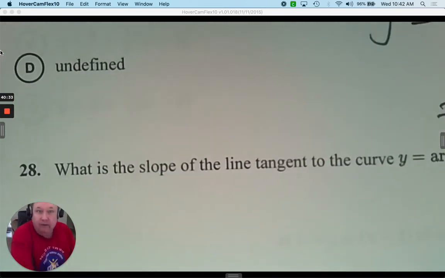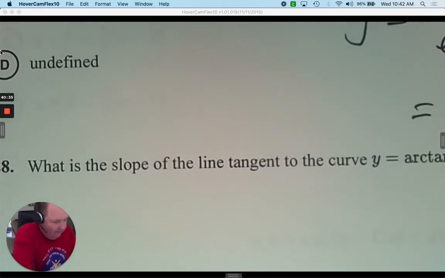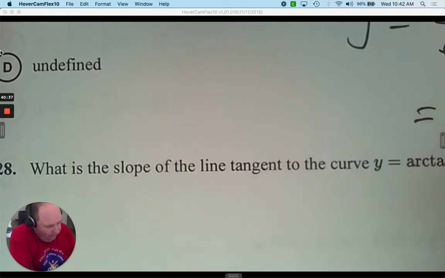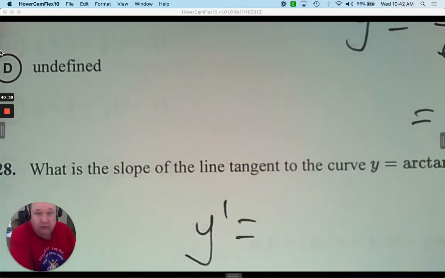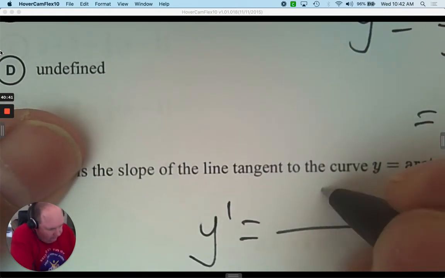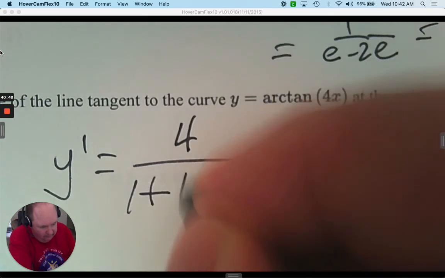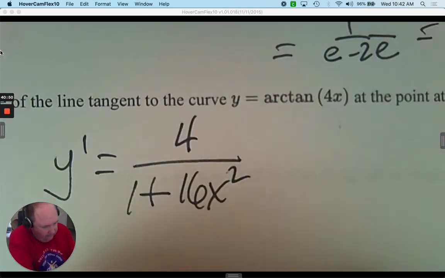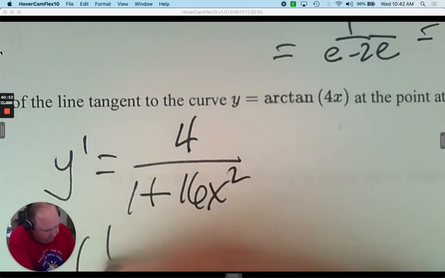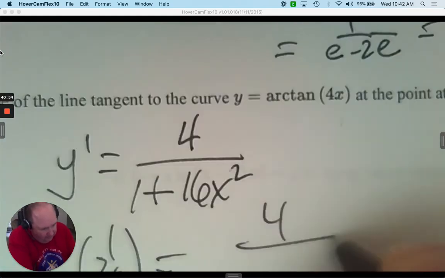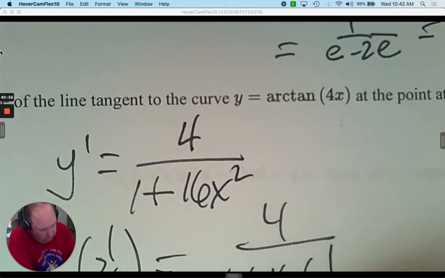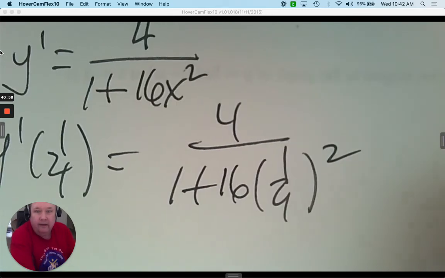28. What is the slope of the line tangent to that? Slope of tangent means derivative. So the derivative of arctangent, the derivative of what you see, so the derivative of 4x is 4, then it's 1 plus, and then you square it, and then at 1/4. So now plug in 1/4 and then answer it.